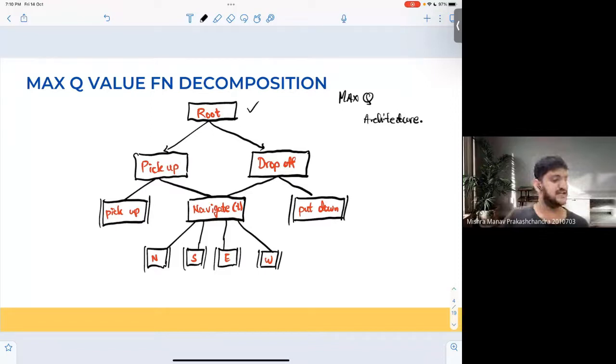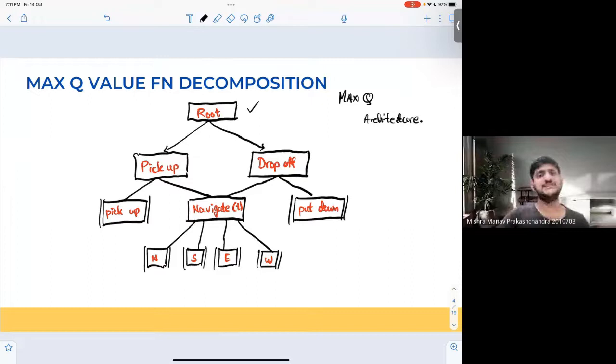The pickup operator tells me to move around, reach a location where the passenger is present, and then I can carry out the pickup subtask. Then you have to divide it further.